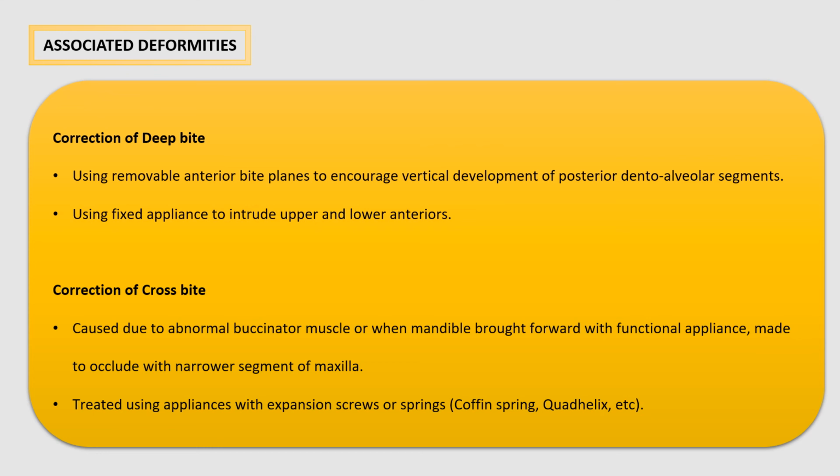When it comes to correction of cross bite, you can use springs or screws such as coffin spring, quad helix, and also you can use cross elastics. You can place lingual buttons and use them to engage the elastics. So there are quite many ways of correcting a cross bite. So you can utilize one or several to go about treating these associated deformities, which go hand in hand with the correction of class 2.